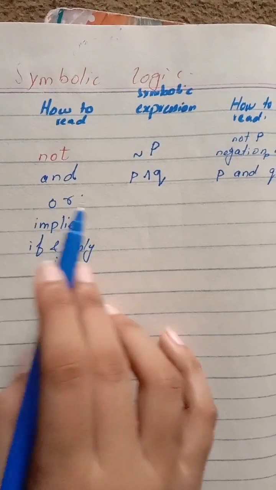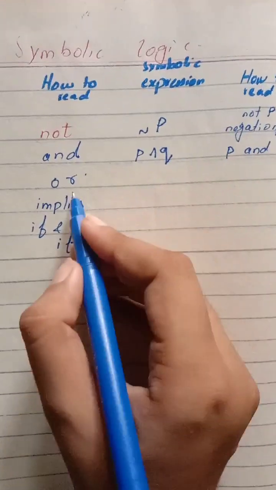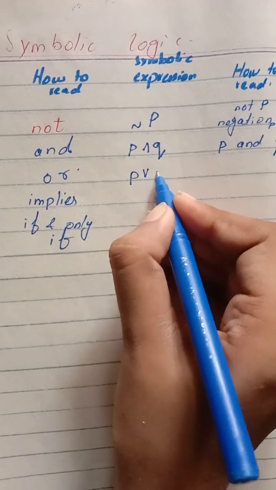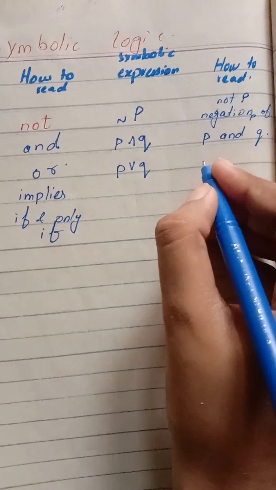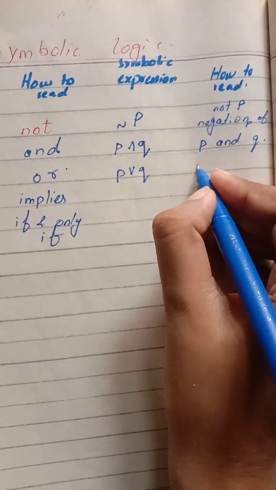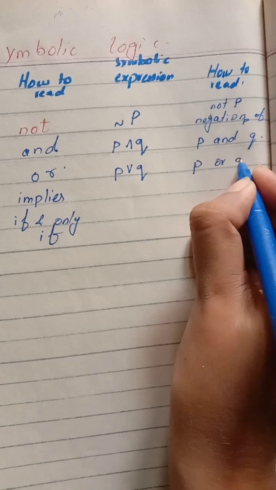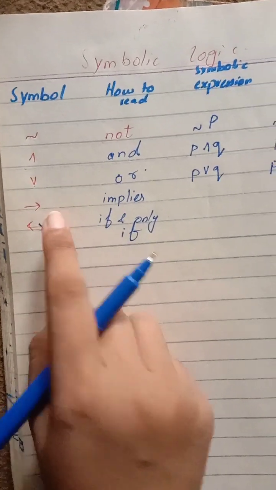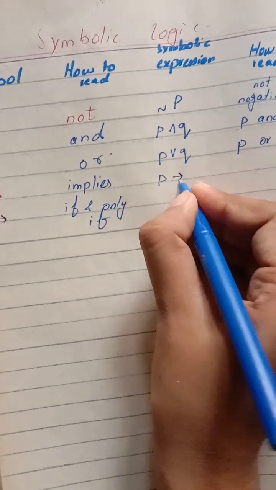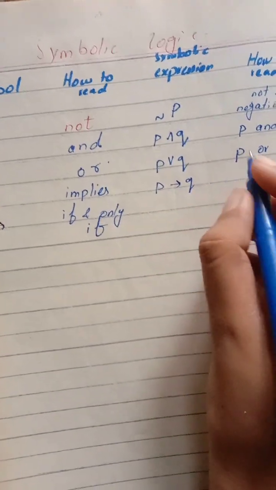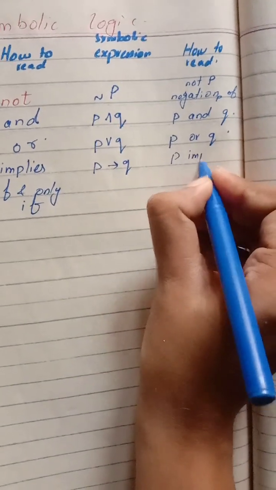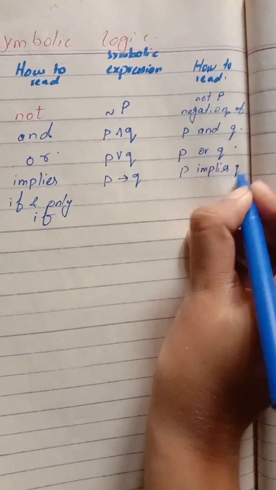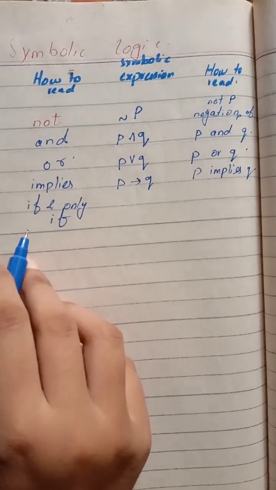The next one is the symbol of or, which is written between two propositions and read as P or Q. Similarly, the next one is the symbol of implies. We write it as P implies Q and read it as P implies Q. The other one is if and only if.